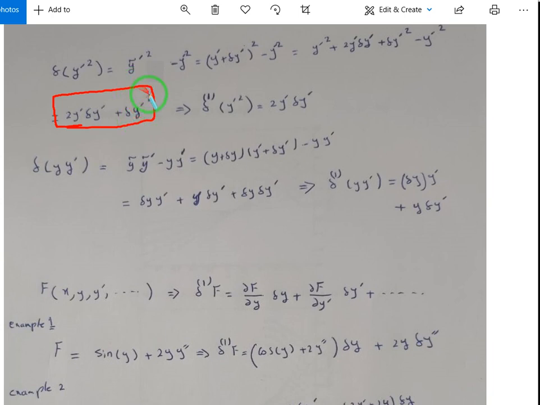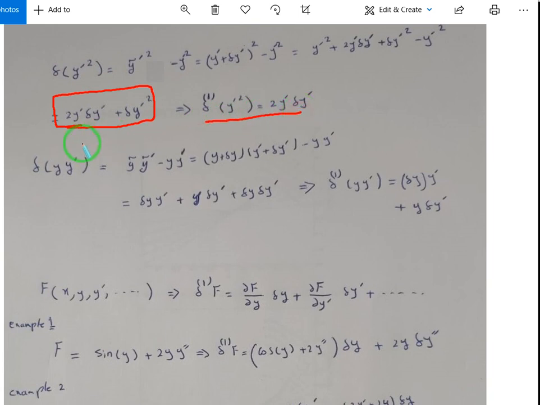This term can be neglected in comparison with this term, and in other words, we can say that the first variations, or the variations of order 1, of the function y dash by 2 is equal to 2y dash multiplied by delta y dash. This is a very important formula.